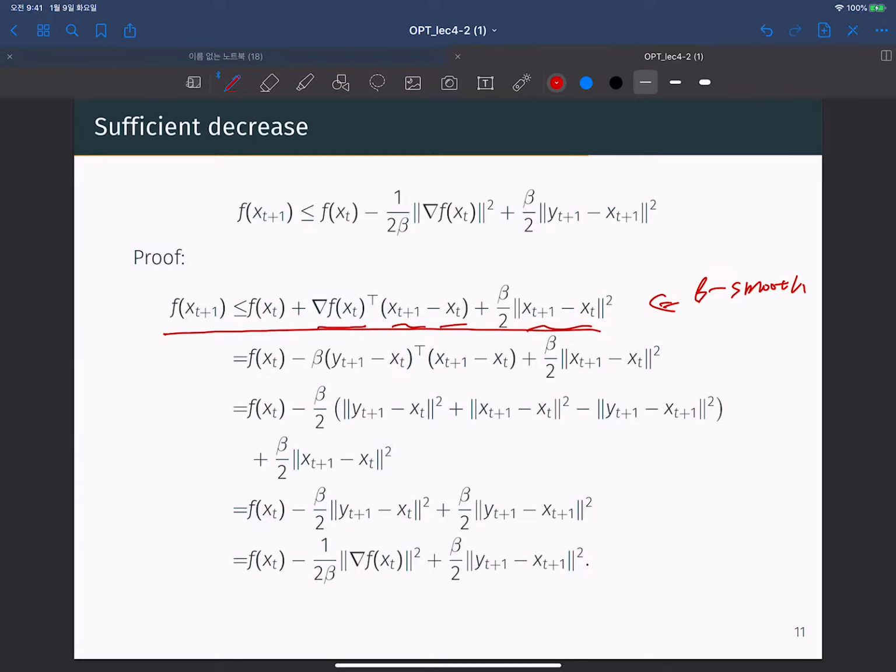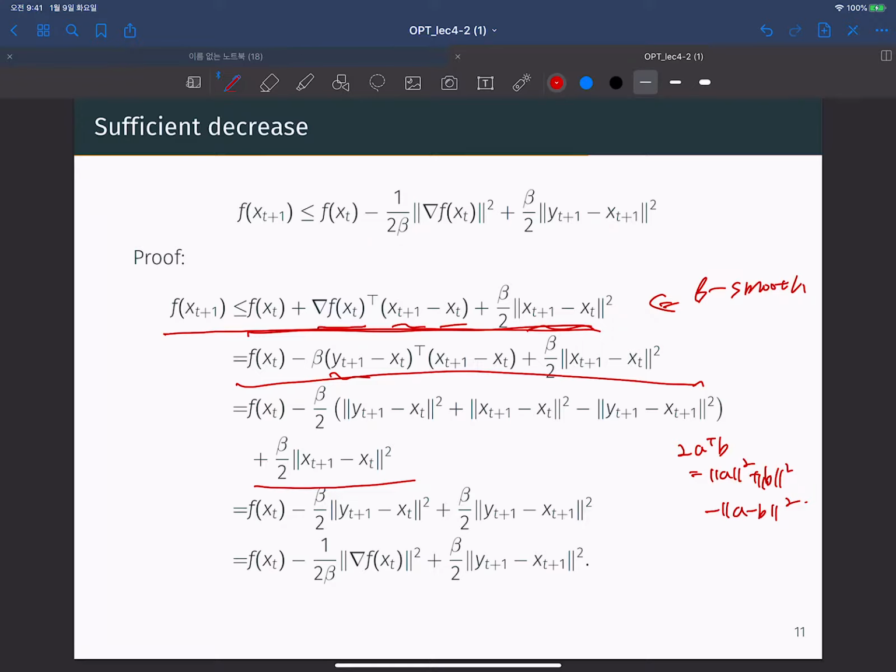And we can rewrite this part using the definition of y_{t+1}. We can rewrite this line by this. Here I just use the simple trick: 2 times A transpose B is equal to A squared plus B squared minus the norm of A minus B squared.